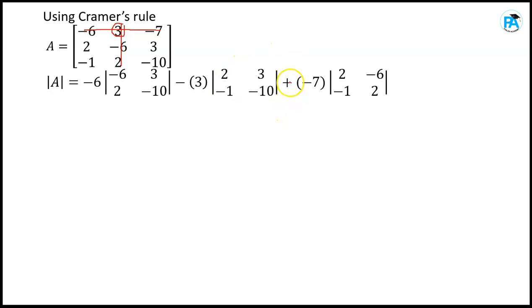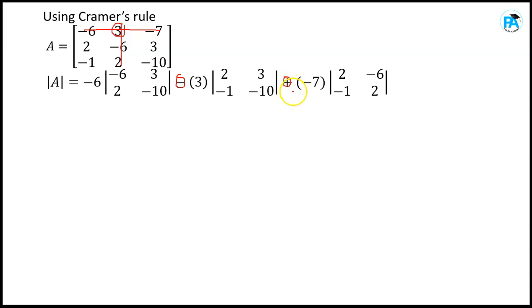Minus before plus, minus first, plus second. There is a reason for that, which we proved in the other videos, when you are learning about cofactors. Okay, this place is a minus, this place is a plus.